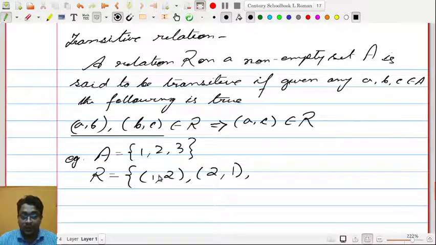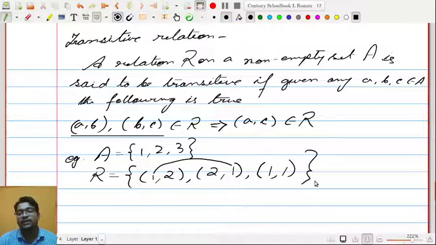If I want this to be transitive, what should be the third element? The third element should be this one: 1 should be related to 1. Then this relation will be a transitive relation. Whenever (a, b) and (b, c) are in R, (a, c) is also in R. So this is a transitive relation.